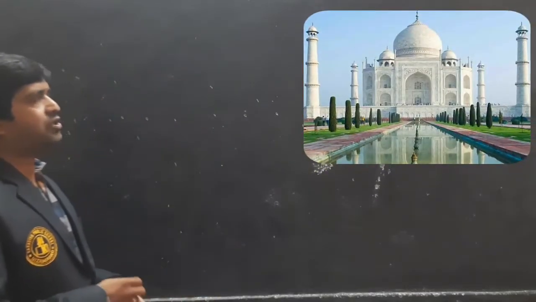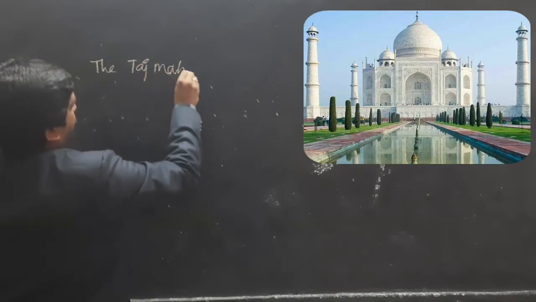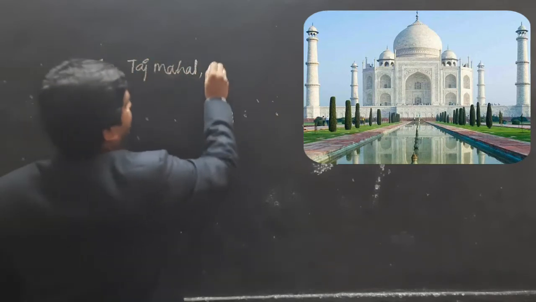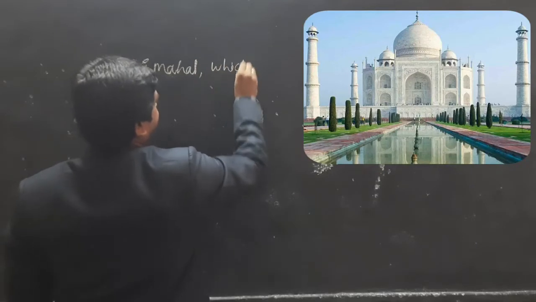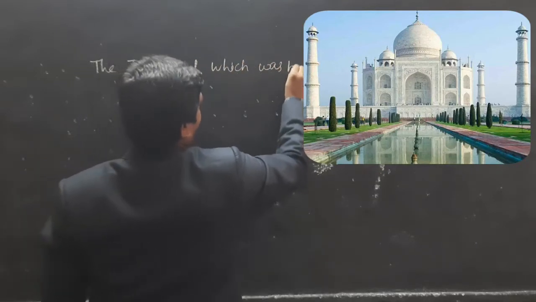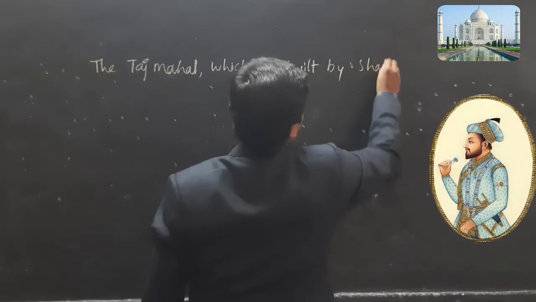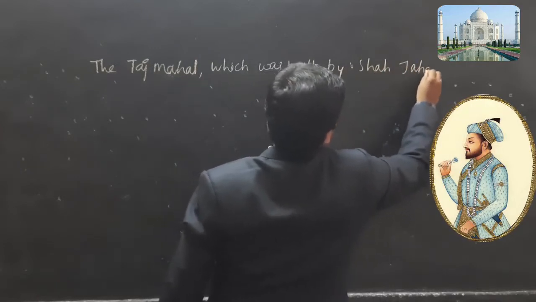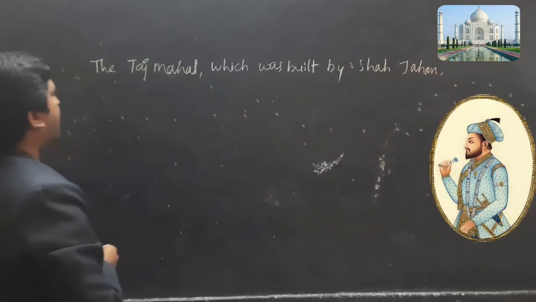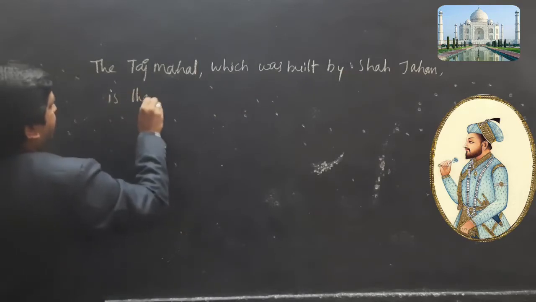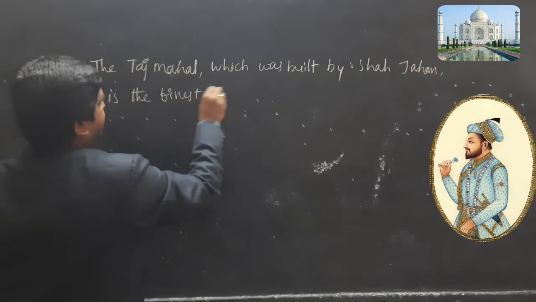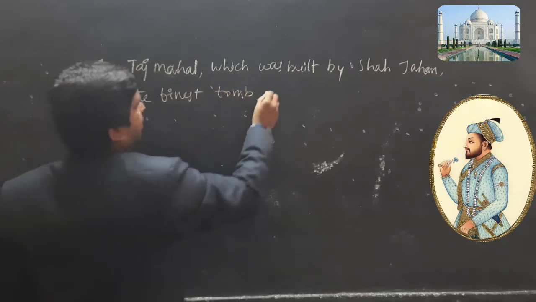Have a look at that image. Here it's the Taj Mahal. The Taj Mahal, which was built by Shah Jahan, is the finest tomb in the world.